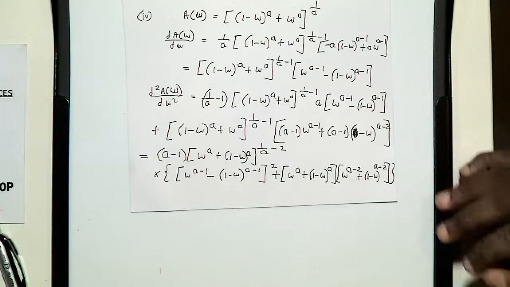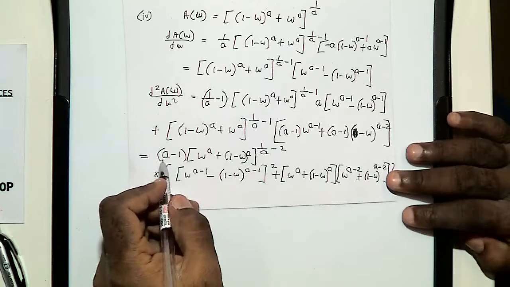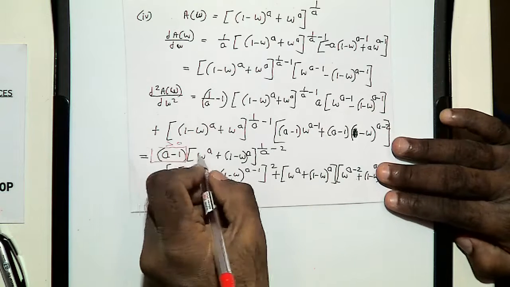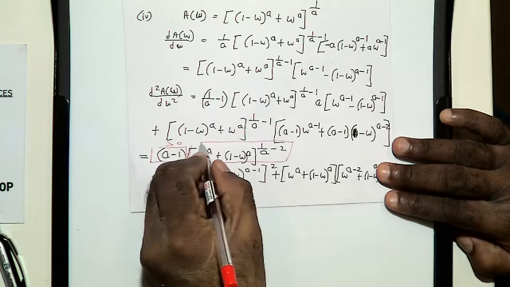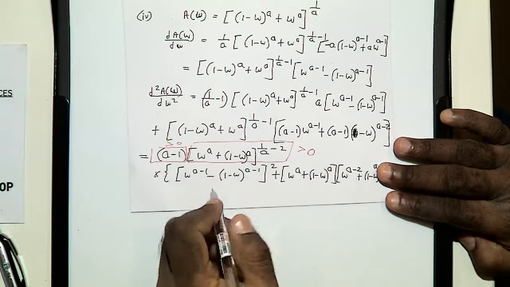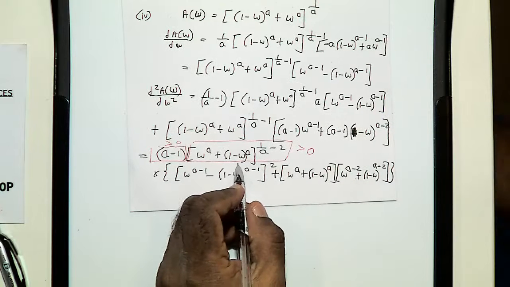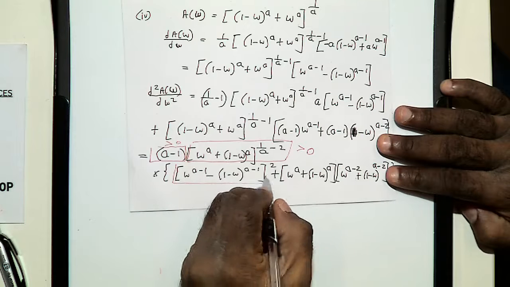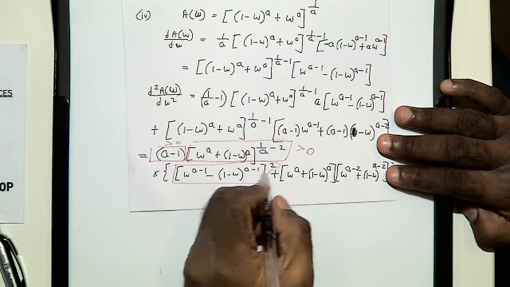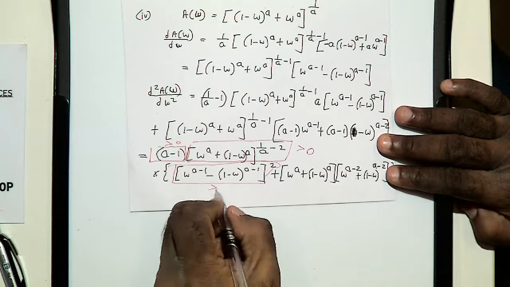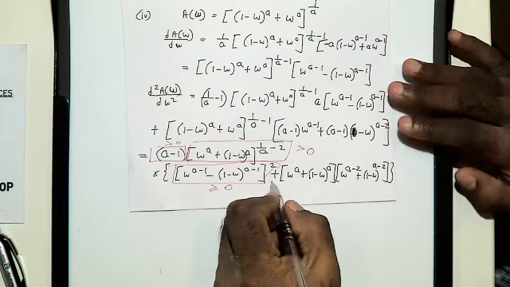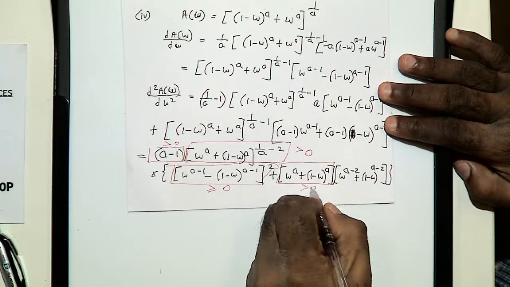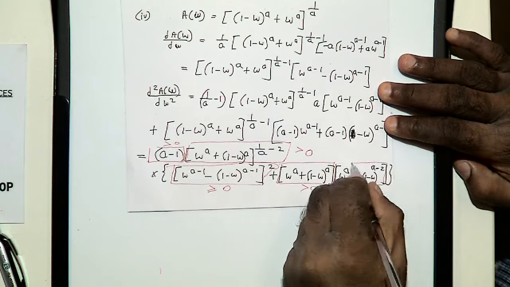All right, now you will see that we are assuming that A is greater than 1, so this guy here is positive, and this guy is obviously positive, right, because omega and 1 minus omega are between 0 and 1, and this one has to be non-negative because you have a square. Remember, anything squared has to be non-negative, and this guy here is positive, and this guy here is also positive.